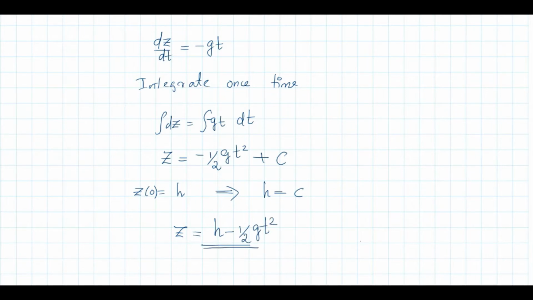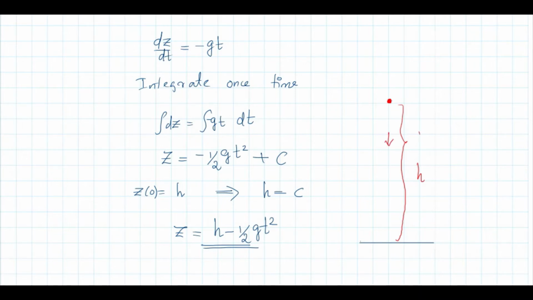So the situation is, this is the floor. You are dropping a stone from a height h. As time increases, its velocity will increase and it is in the downward direction.